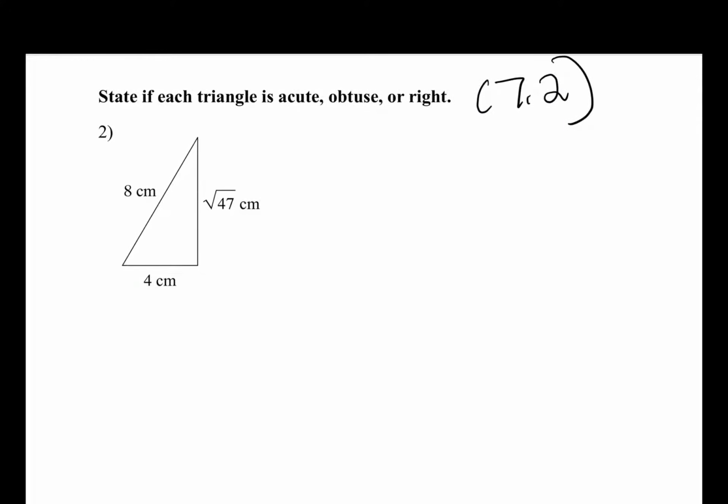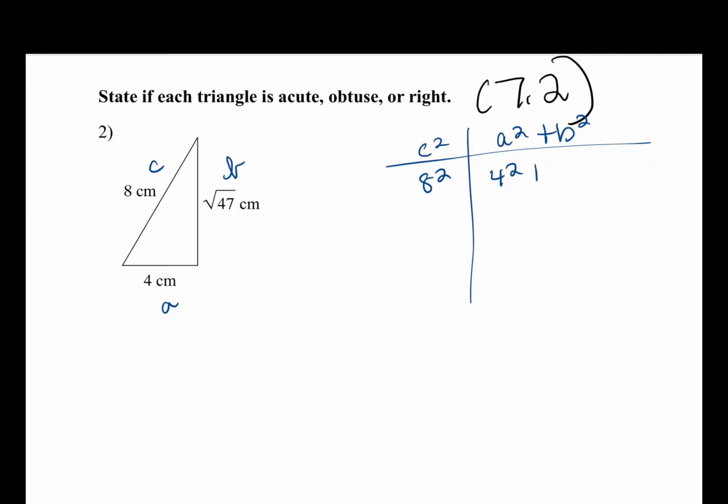Moving along, 7.2, state if the triangle is right, acute, or obtuse. In order to do that, we still need to label A, B, and C. Again, C is the longest side, and then A and B are the other two. So I like to make this table to help. All right, so c squared, that's going to be 8 squared.